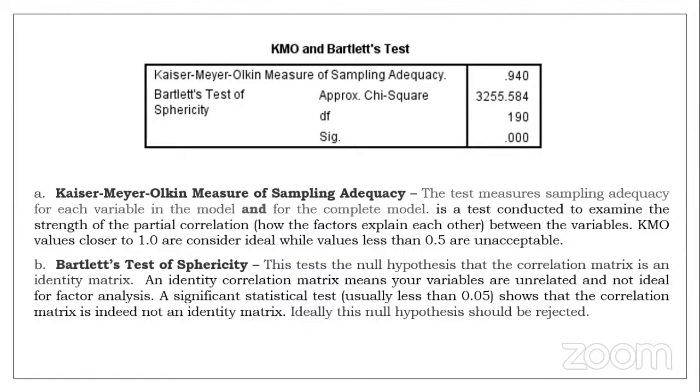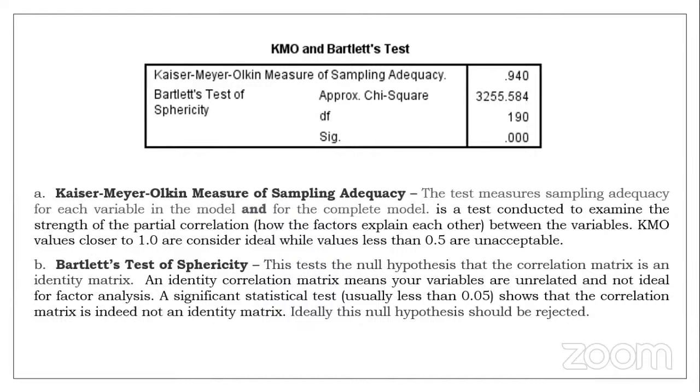So if your KMO value is very close to 1, then you can assume that there is an adequate amount of correlation among the variables, and you are good to go. You will be able to get a very good factor structure there.